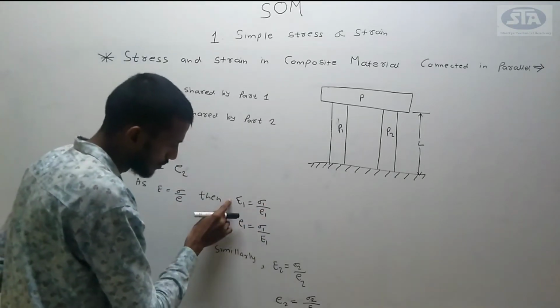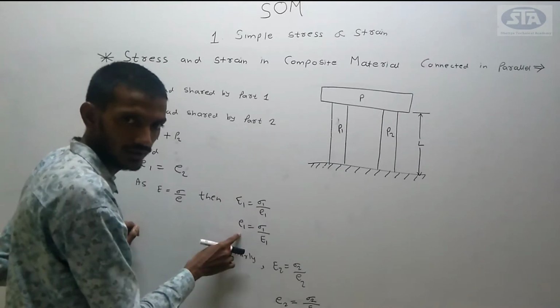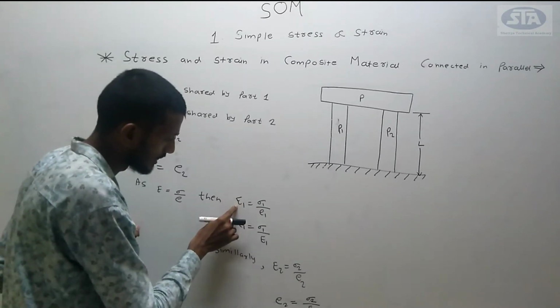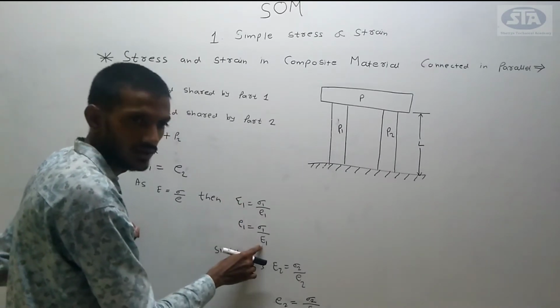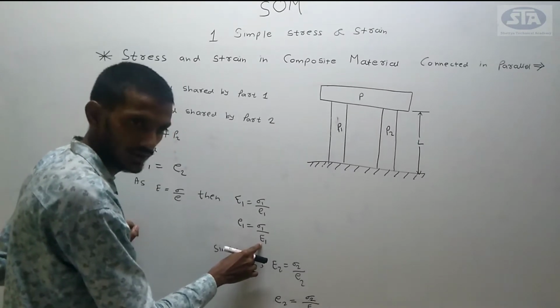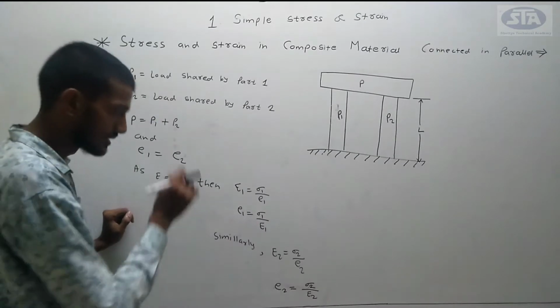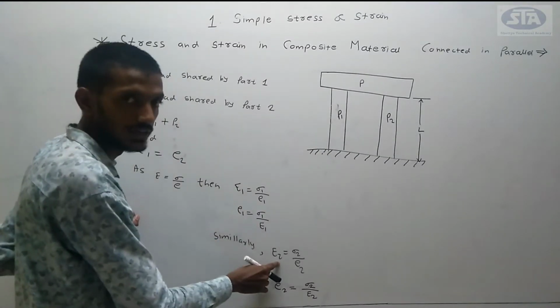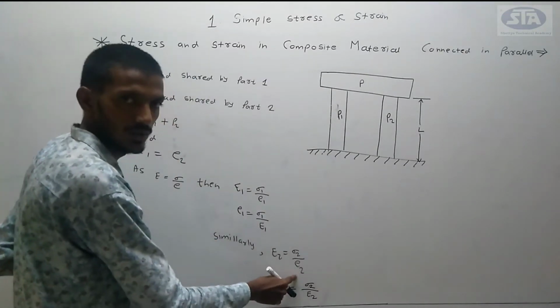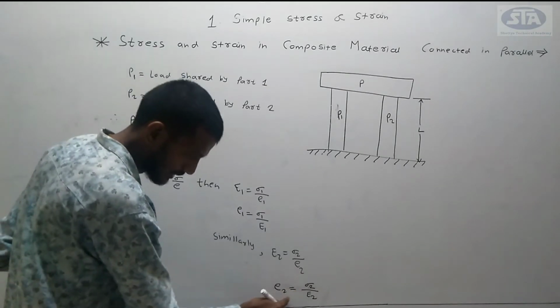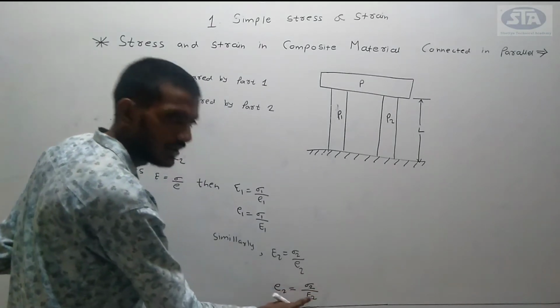We shifted e1 to the left hand side, so it goes in the numerator, and capital E1 goes in the denominator. Similarly for part 2, small e2 is equal to sigma 2 upon capital E2.